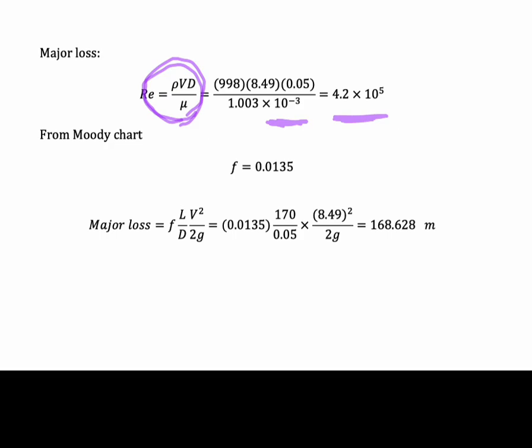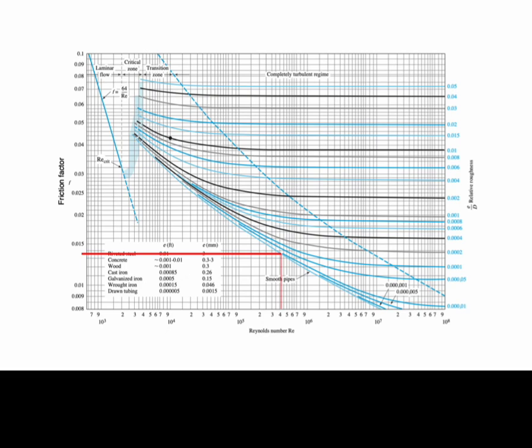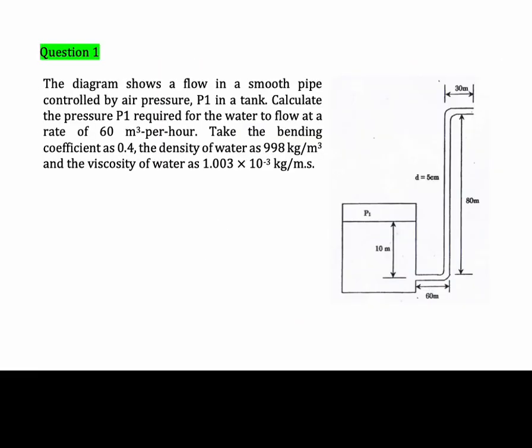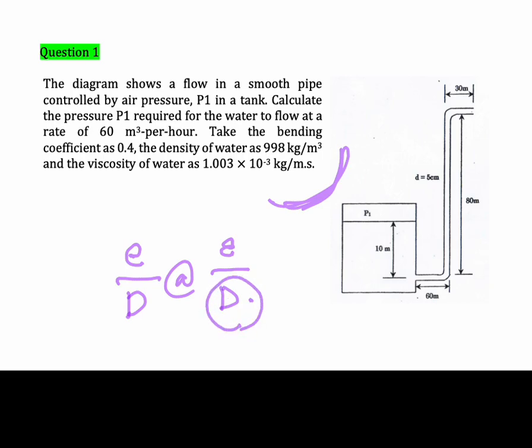About the Moody chart here, according to the question, you could see that there is no data for roughness. That means we cannot calculate the value of epsilon over D, because the value of diameter is there, but the value of roughness here is not given.